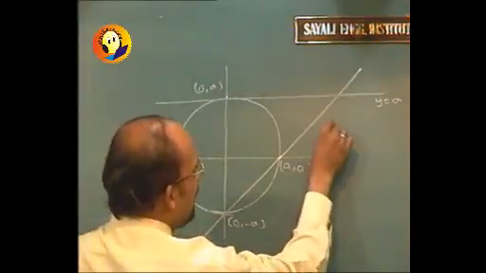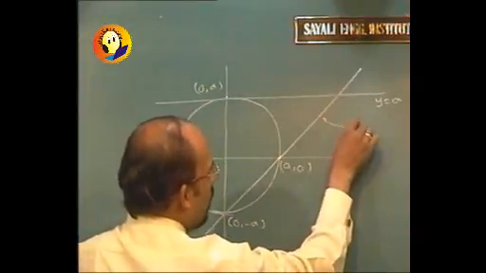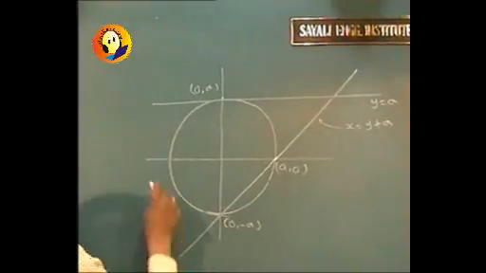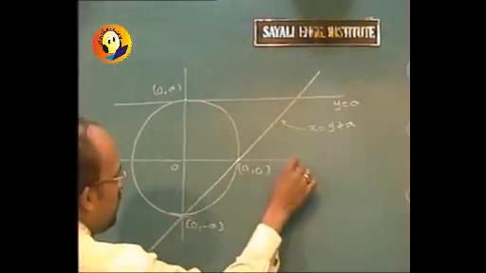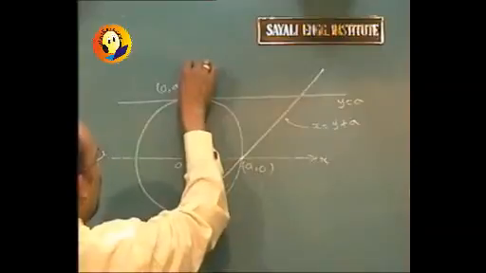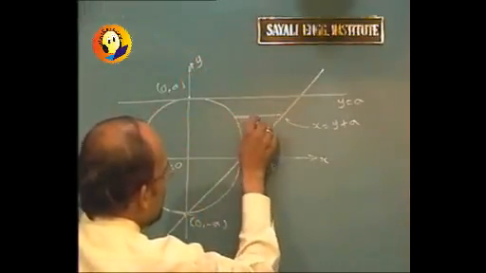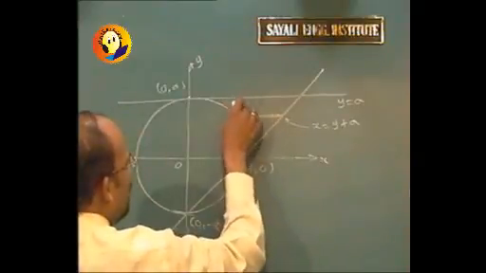This was our line x is equal to y plus a. This is the origin, x-axis, y-axis, and he is taking a strip which starts from the circle and goes up to the line. This was the region.